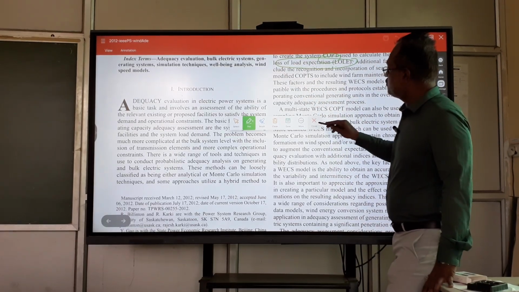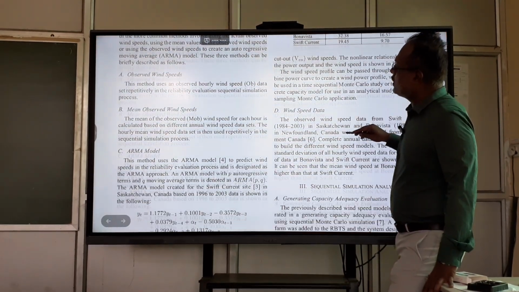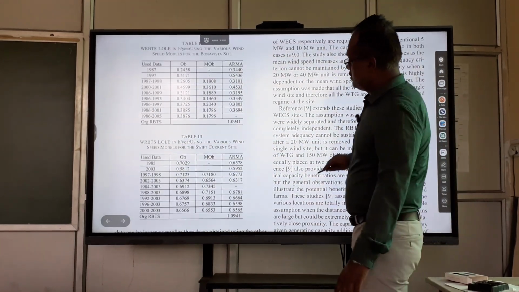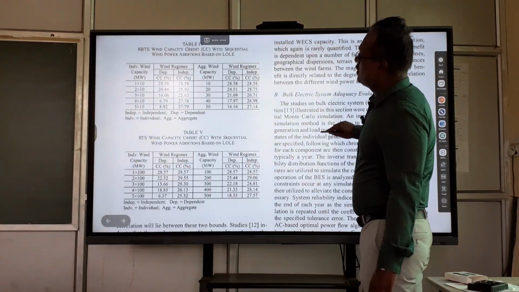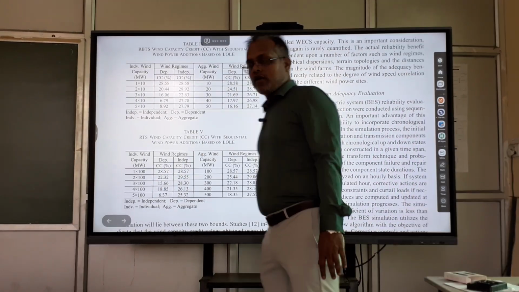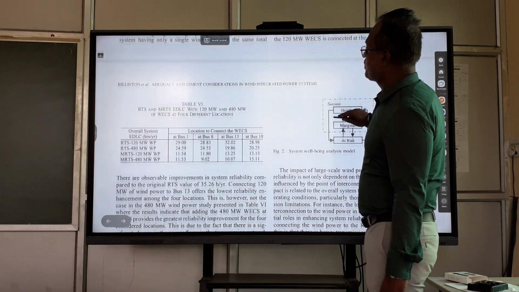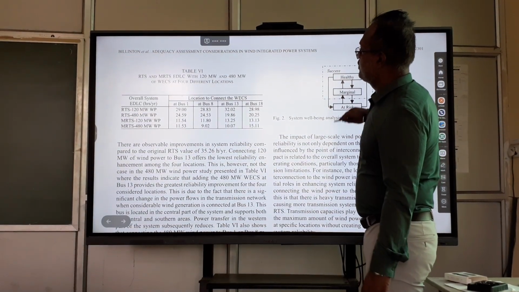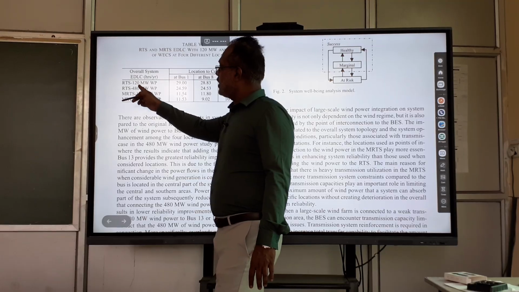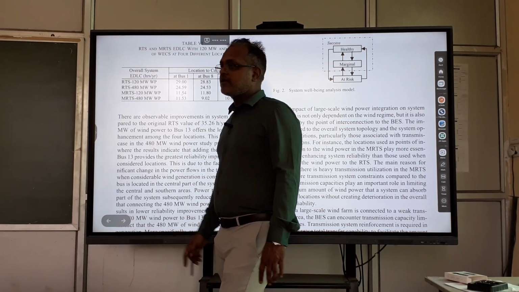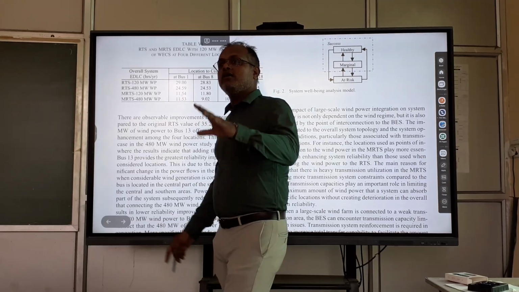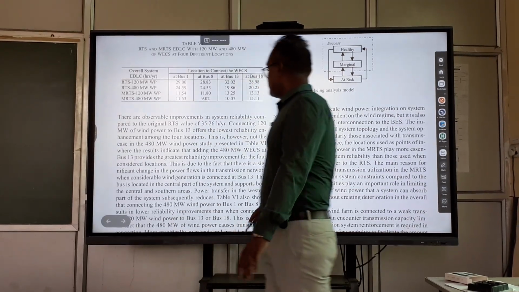So you will see those terms, and this shows how you are going to model the wind power plants. RPS, 120 megawatts of wind power. That means 4 RPS, it has indicated 120 megawatts of wind power.